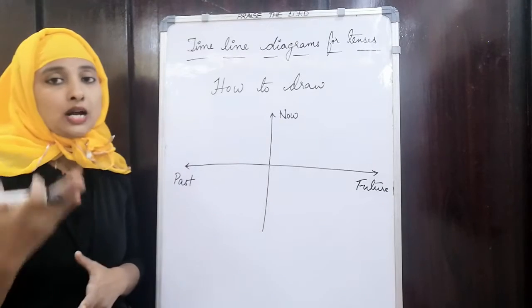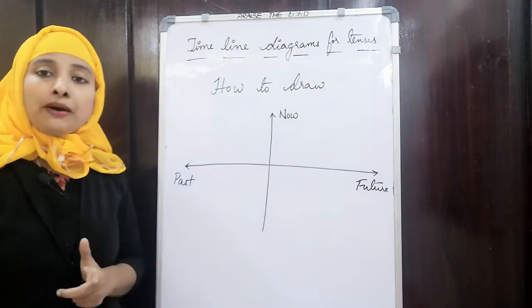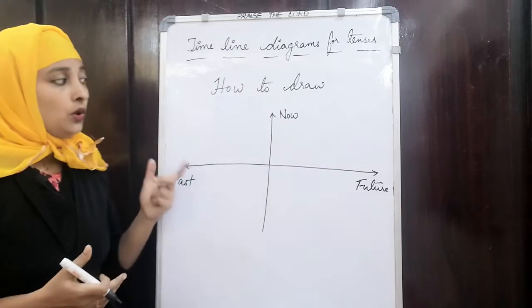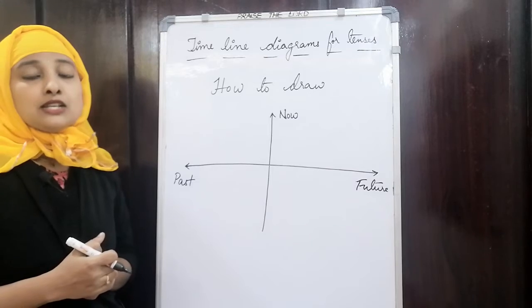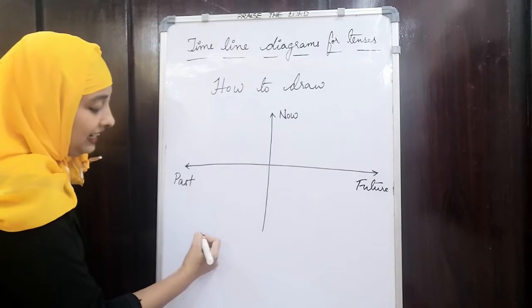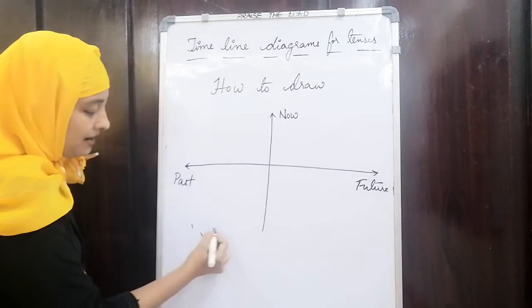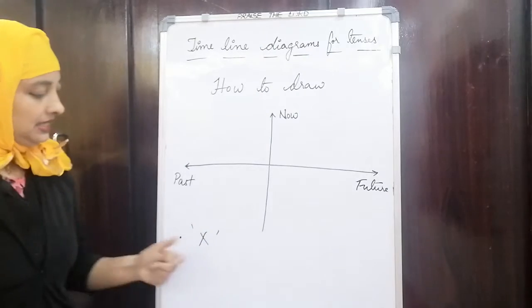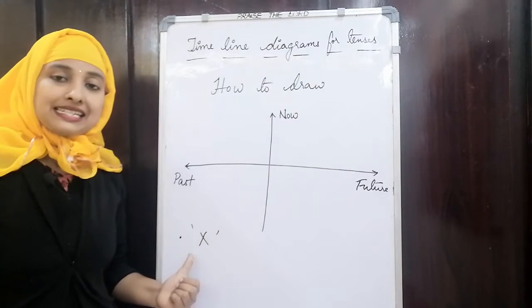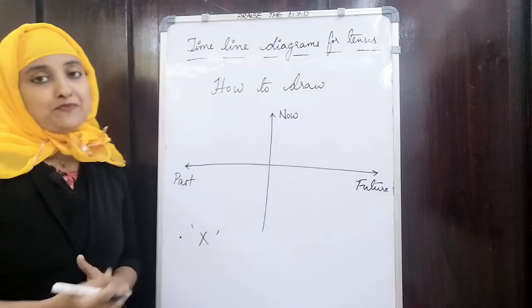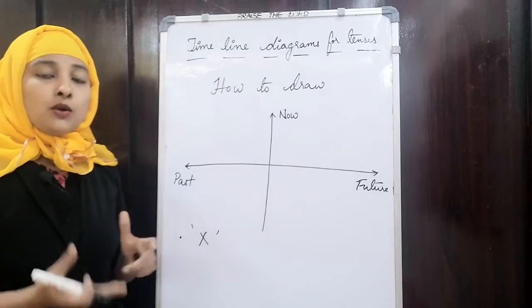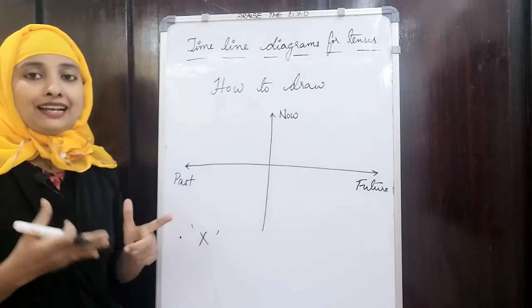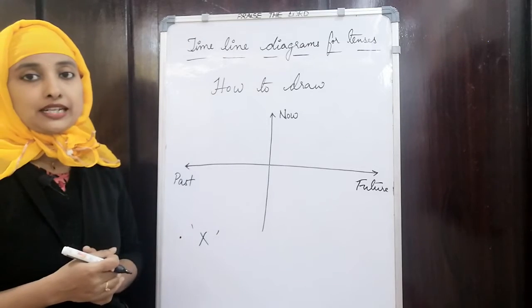How to represent them? Simply, the events which take place, the aspects, are represented with an X mark. How and when it happened depends on the situation.